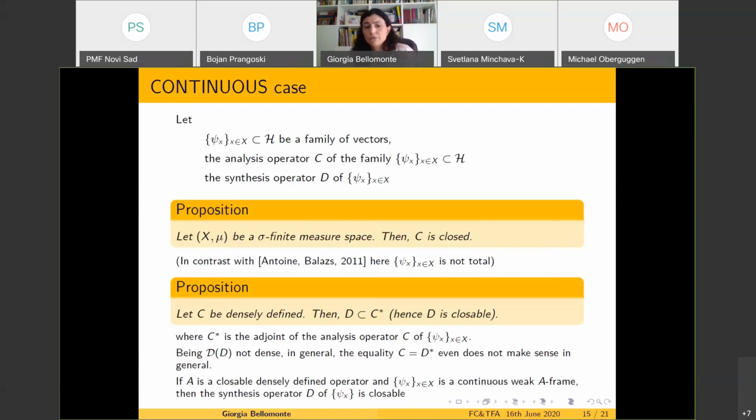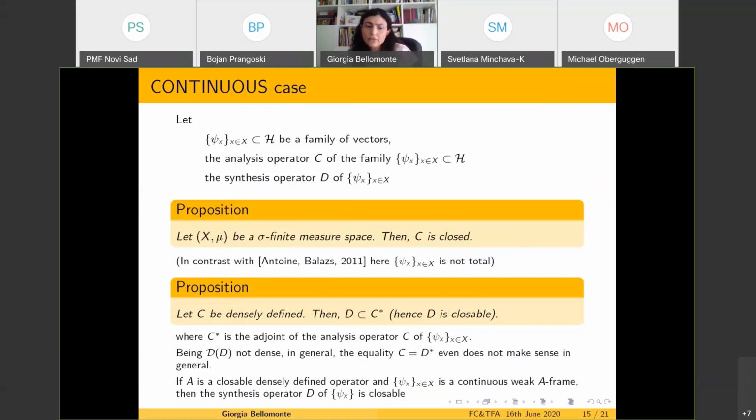Of course, if the domain of D is not dense, in general it does not make sense even to think of the adjoint of D, and so it does not make sense to ask whether the equality C equals the adjoint of D is true.